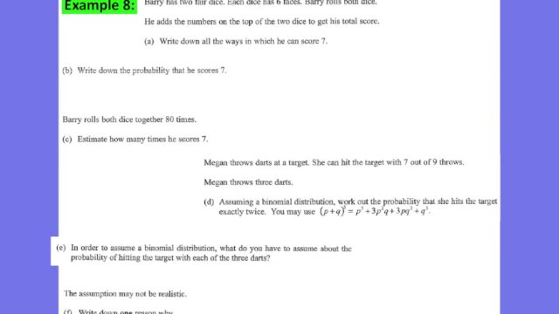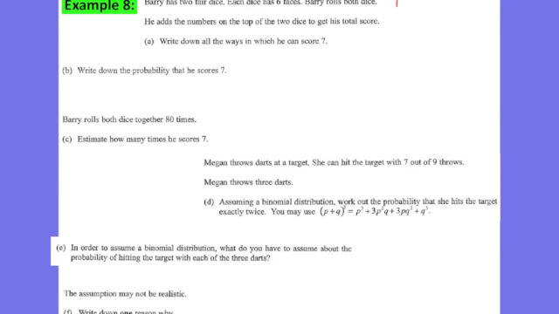Example number 8. Barry has 2 fair dice. Each dice has 6 sides. Barry rolls both dice. He adds the numbers on the top of the 2 dice to get his total score. So first off, we're asked to write down all the ways that he can score a 7.